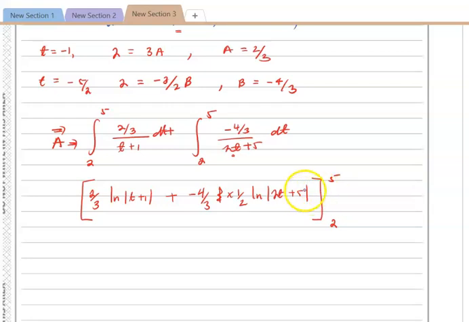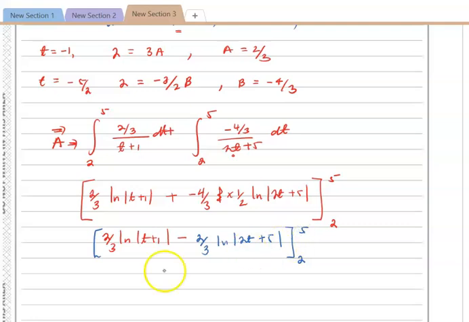Before I substitute in, I'll do a simplification step here. So this is 2 over 3 natural log of t plus 1, and minus 2 over 3 natural log of 2t plus 5. And now we are putting in your limits from 2 up to 5.